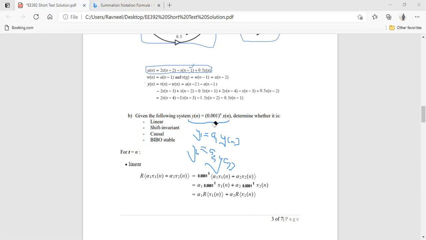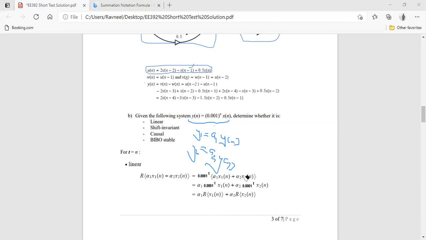You have these two functions. Now you just need to test whether it is a summation of that. If you substitute, in place of x of n, a1 multiplied by x1 of n plus a2 x2 of n.